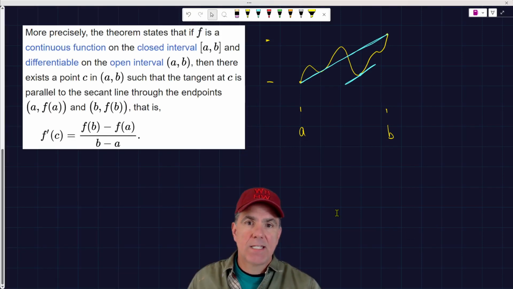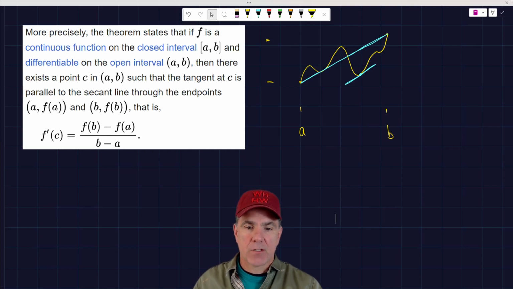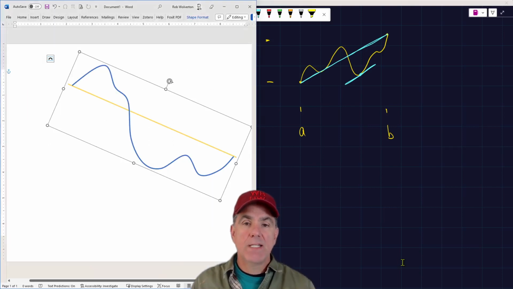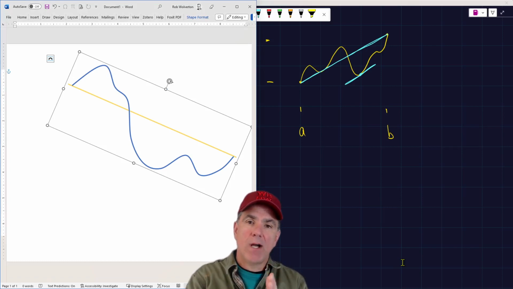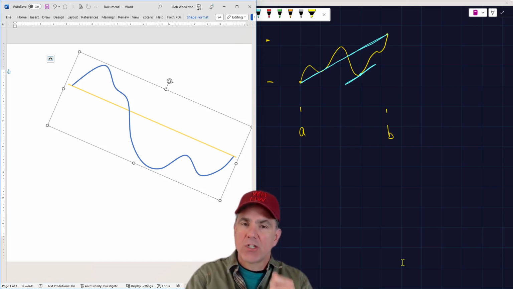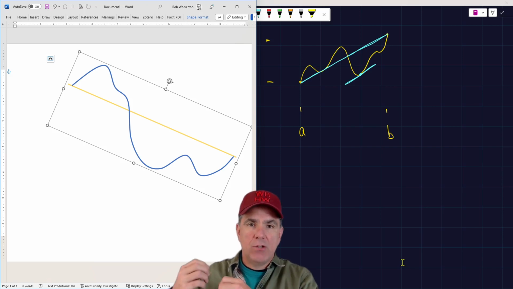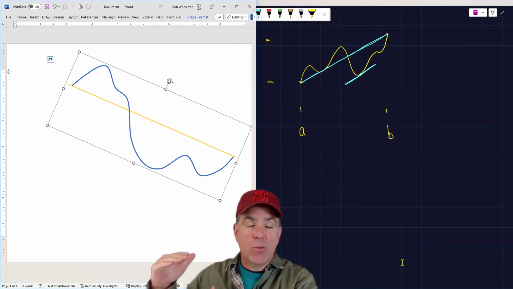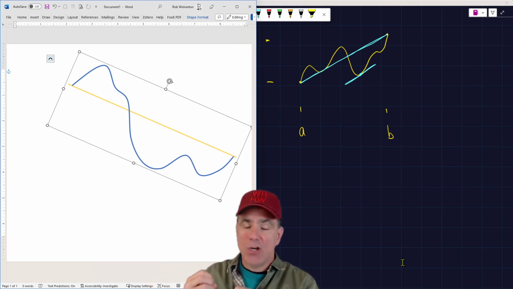The reason that these types of theorems are important, sorry, let me go back to that graphic. The reason that they're important is because these are the types of results that allow us, when we pursue advanced architectures, for example, machine learning, when we're trying to solve a machine learning optimization, we're trying to get as close to minimizing the objective function as we can. These are the types of results that allow us to say, hey, I know that I can make progress.